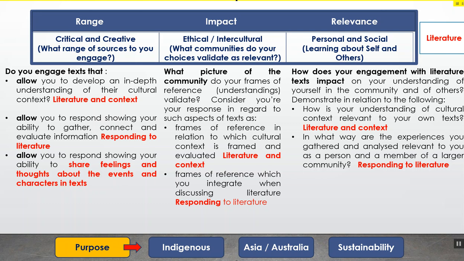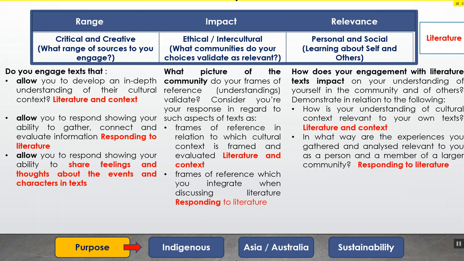Do you engage texts that allow you to respond, showing your ability to gather, connect, and evaluate information? So, right, if you have a range of texts, then you don't just analyze the language, but you also know how to appreciate a story, say like a Dr. Seuss story or some other story, versus how to appreciate a recipe.